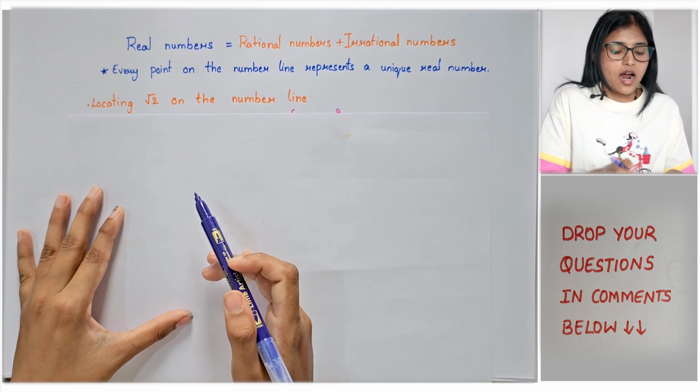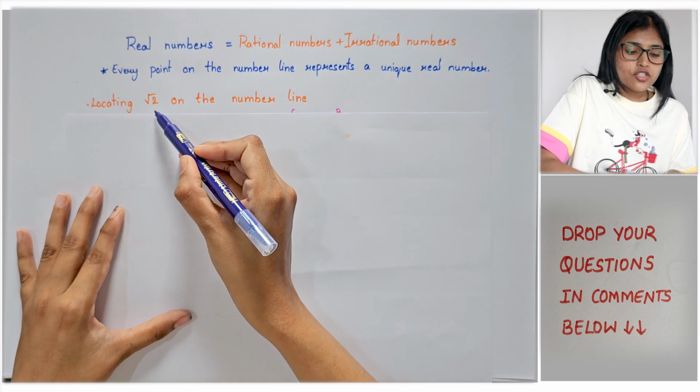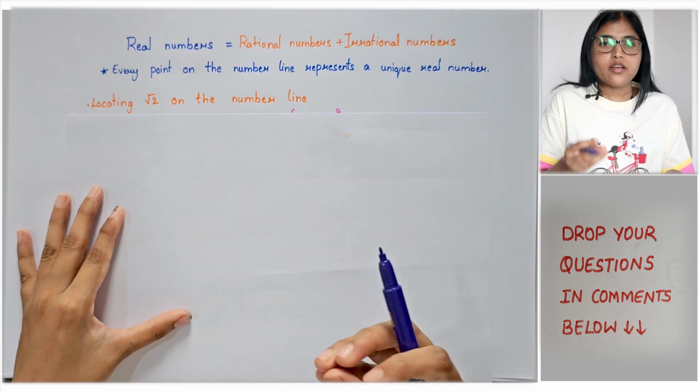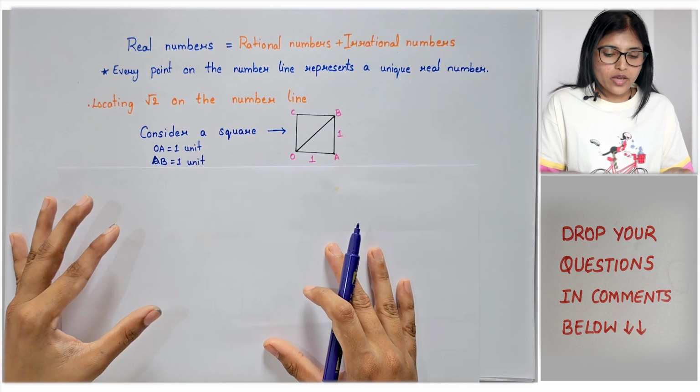Now, let's start with understanding how we can locate an irrational number such as root 2 on the number line. We are going to use Pythagoras theorem for this by considering a square.